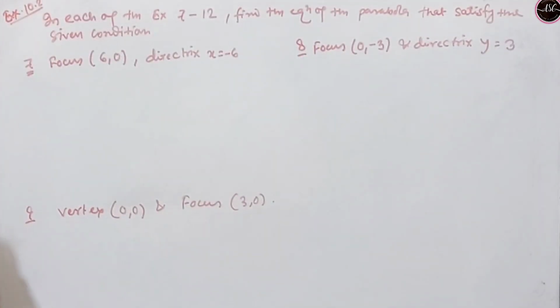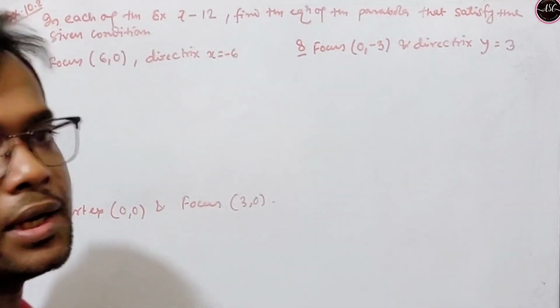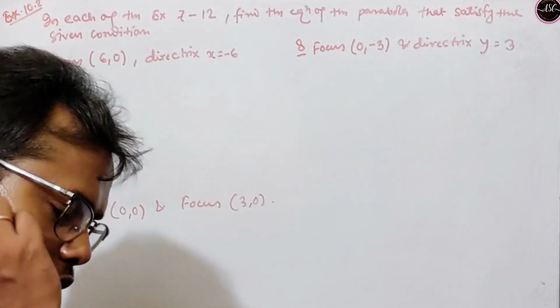Now look at this question. In each of the exercises 7 to 12, find the equation of the parabola that satisfies the following conditions. Here in question number 7, the condition is focus is (6, 0) and directrix is x equal to minus 6.